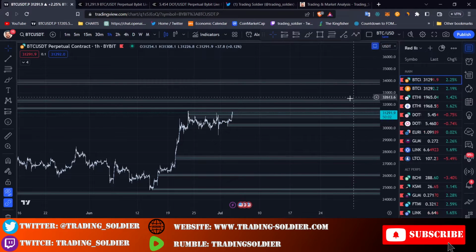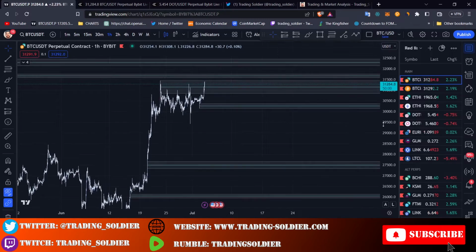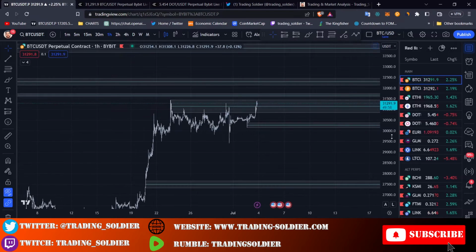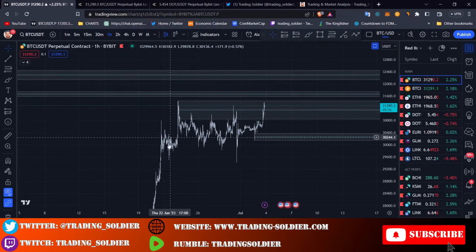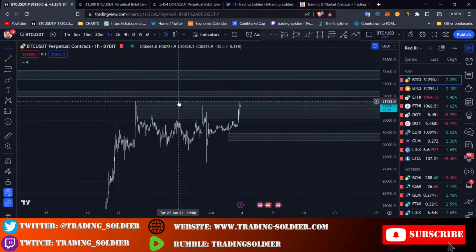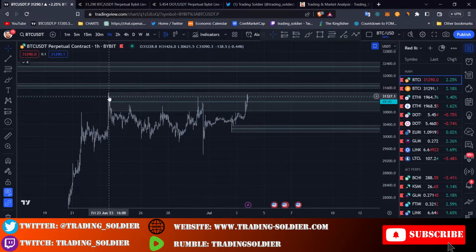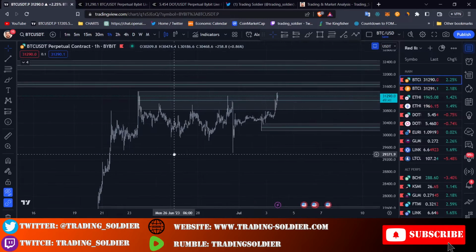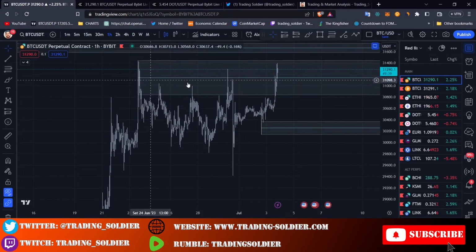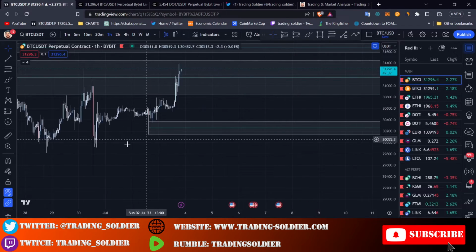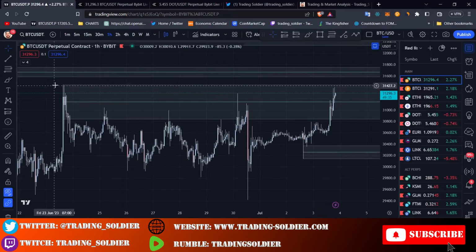So for example, if we go to the Bitcoin price right now, we see that when the price last week created this wick to the upside to $31,600, large selling pressure was added to the market, large sell orders were executed here, so this created this bearish order block.